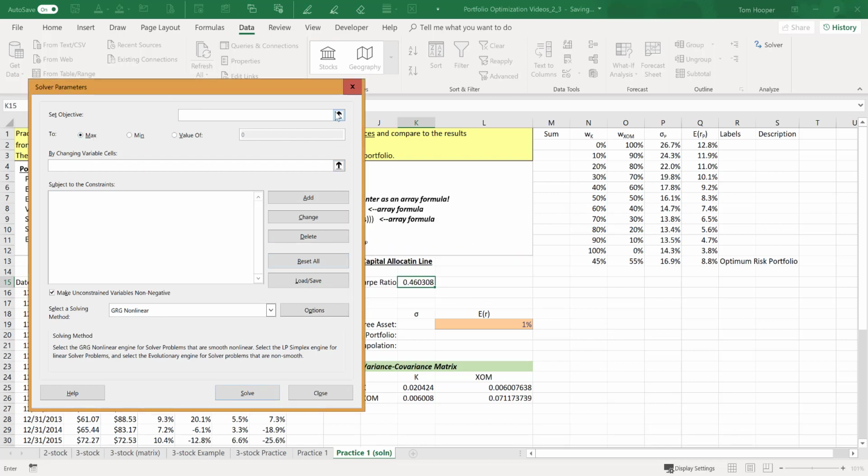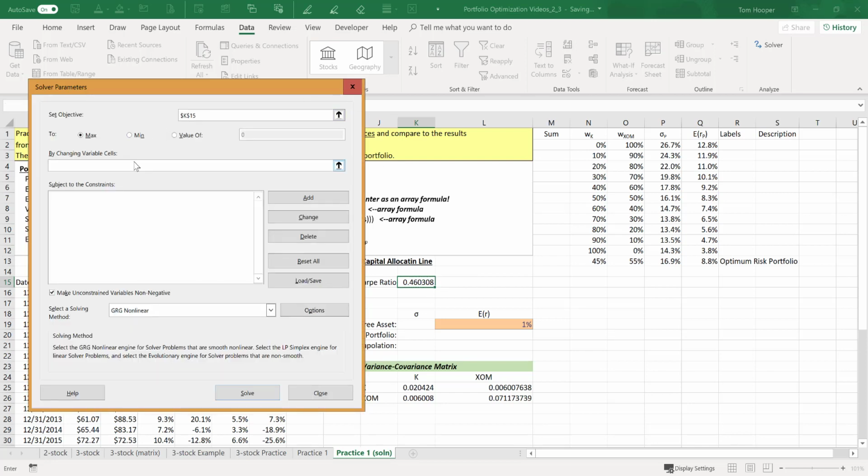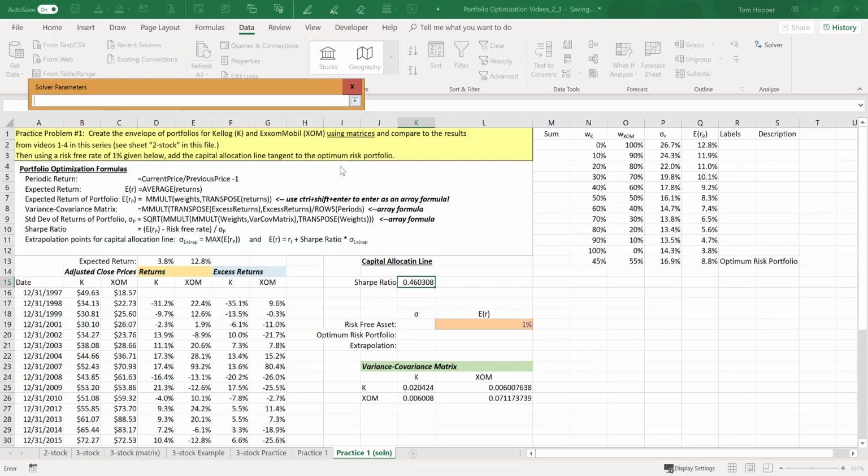We want to maximize the Sharpe ratio by changing cells. Now in the past we were changing all three weights. There's really no need to change this weight. In fact, we have it in there as a formula anyway. So as long as we change this weight to maximize the Sharpe ratio, this one will follow.